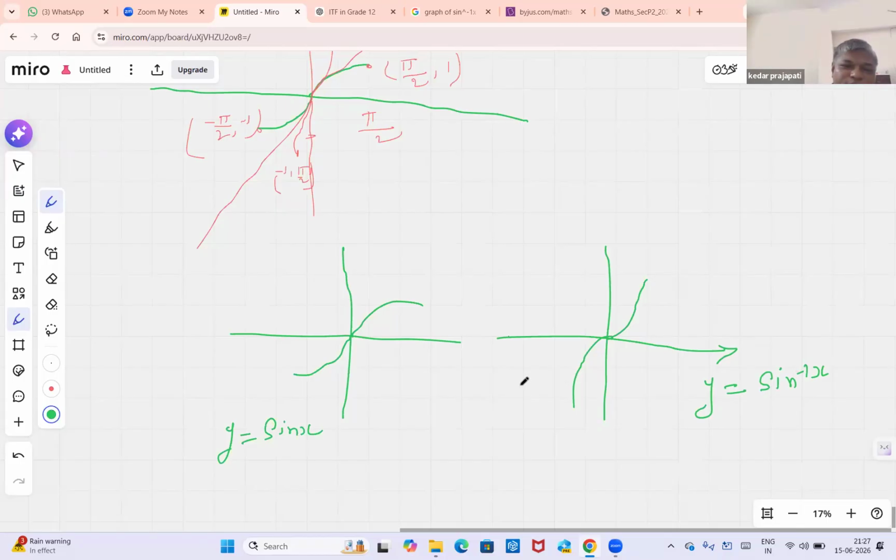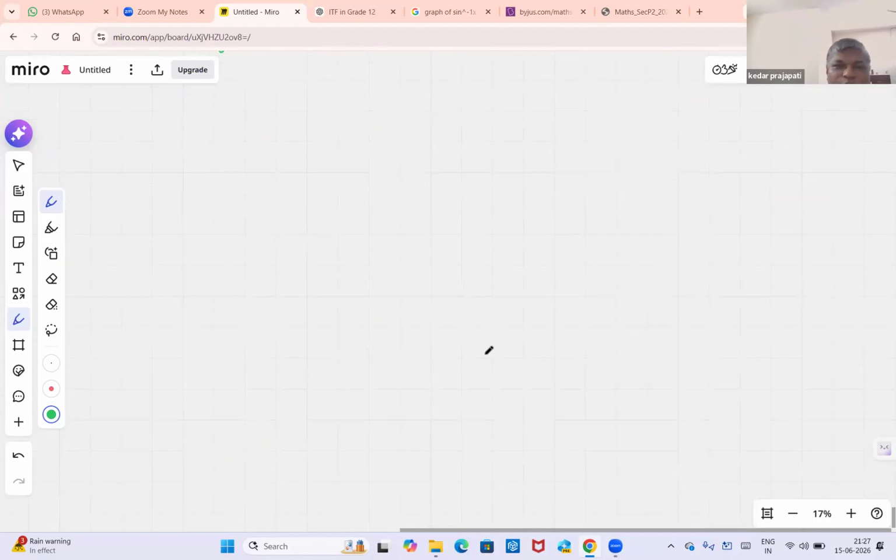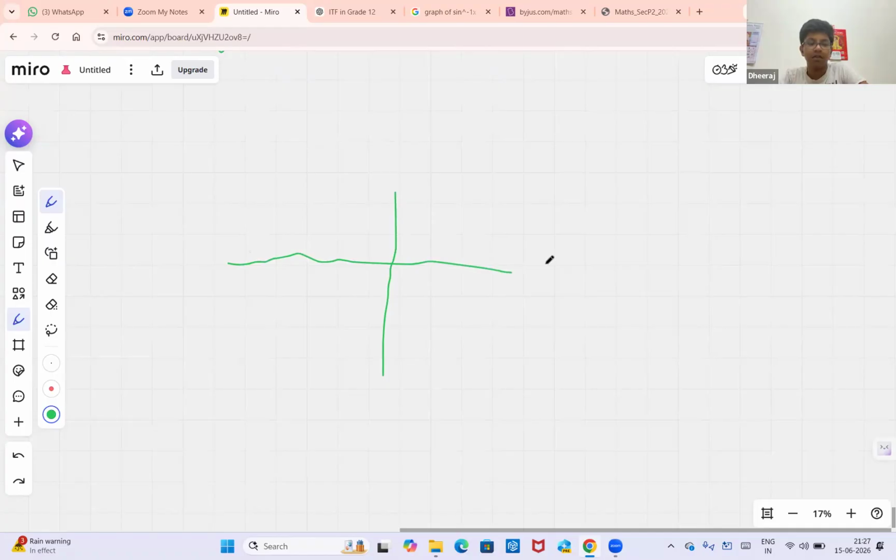So now you know how to draw. No need to remember, you should know the basic rule. If I have a graph going like this, you just draw a straight line here and change the coordinates.